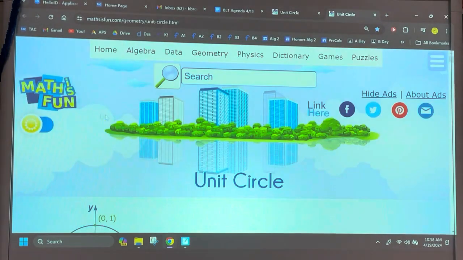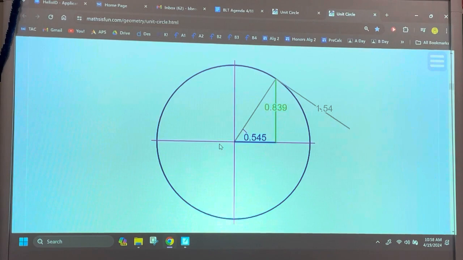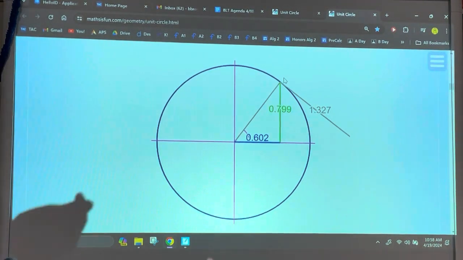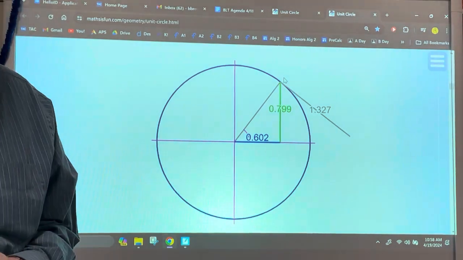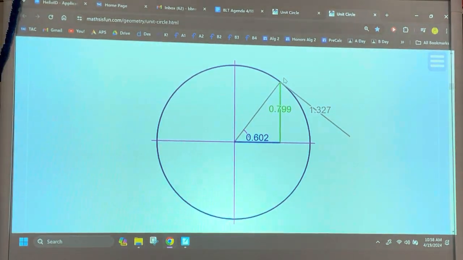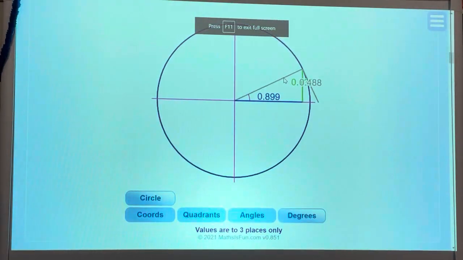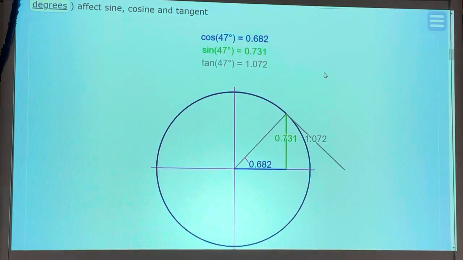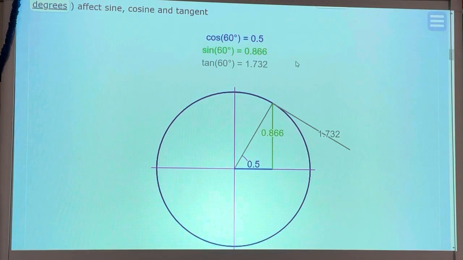Let's take a look at that Math is Fun website again. So in quadrant 1, you'll notice that your x and your y are both positive. Well, x is cosine, y is sine. So looking at our angles, guess what? They're all positive.